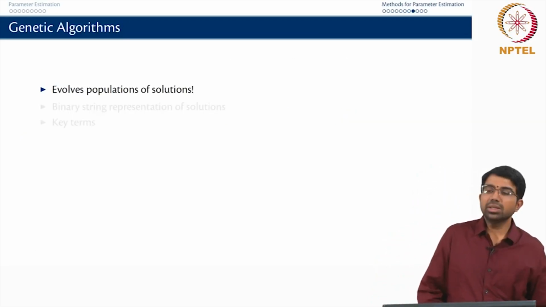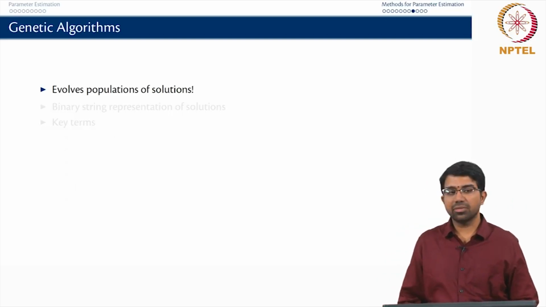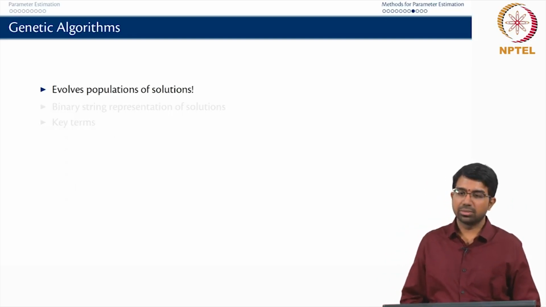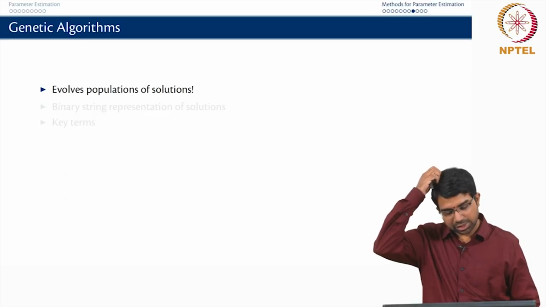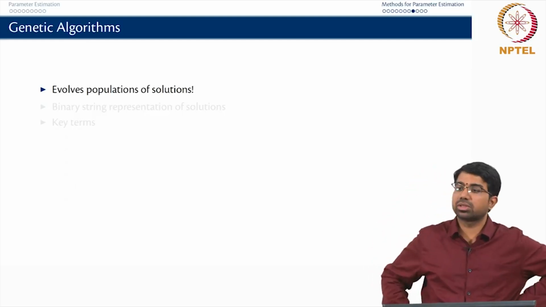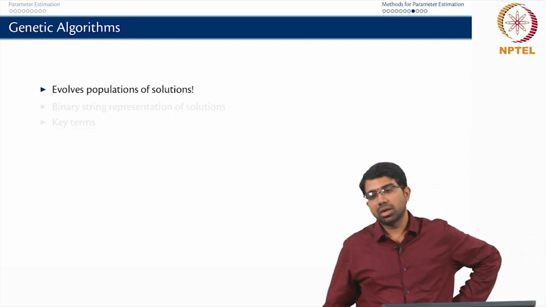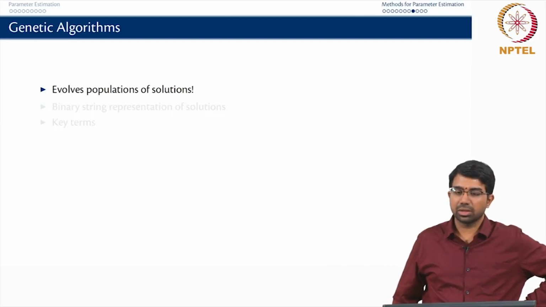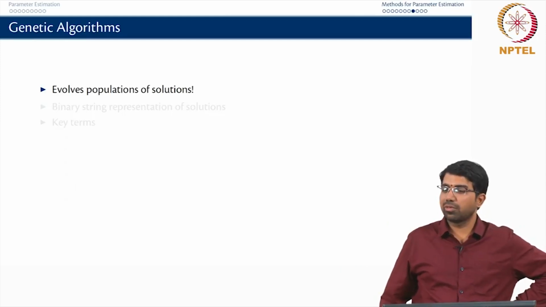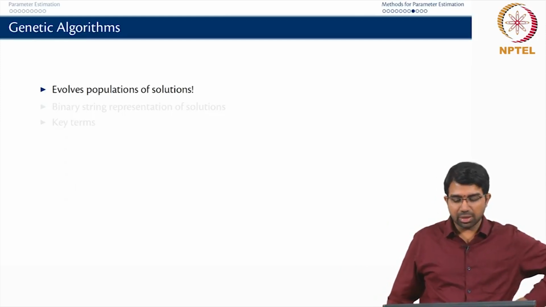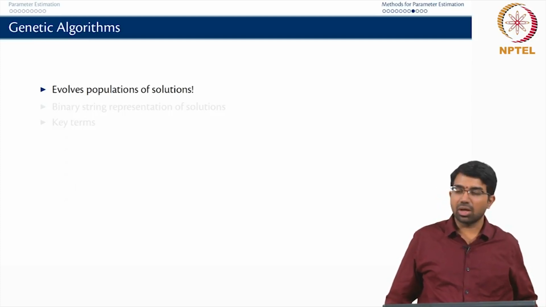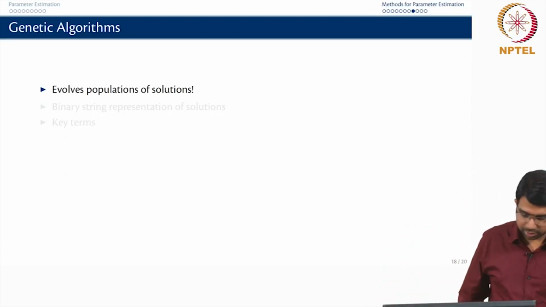So then let us look at genetic algorithms, which is again a very popular direct search algorithm, which is extensively used in parameter estimation. Most biology papers will report parameter estimation using a genetic algorithm, and in genetic algorithms you have a few flavors. They are all broadly part of evolutionary algorithms.